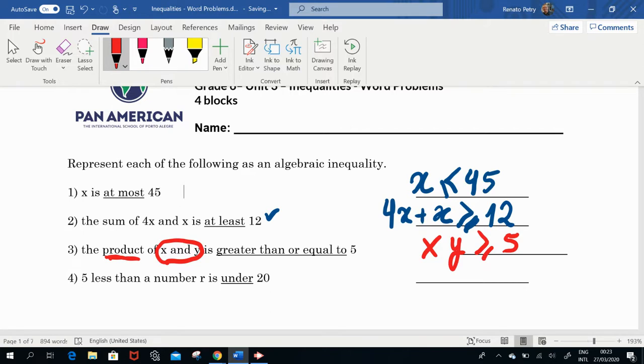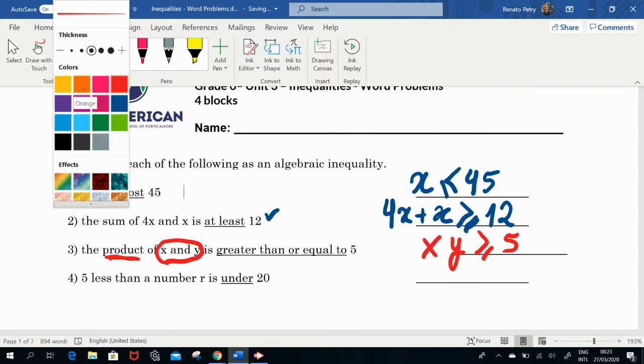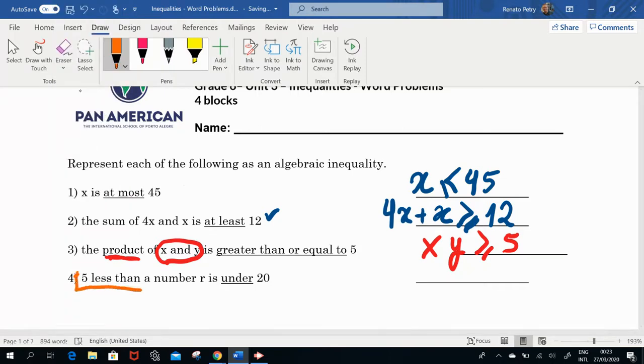5 less than a number r is under 20. Okay, so 5 less than a number we discussed in class. I hope you remember that every time we have less than is a switch word.